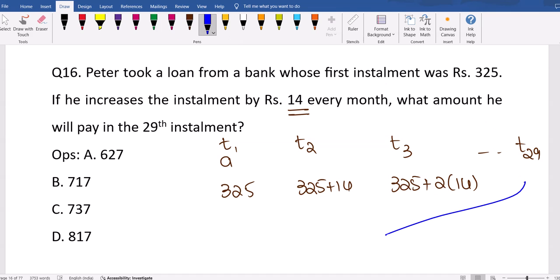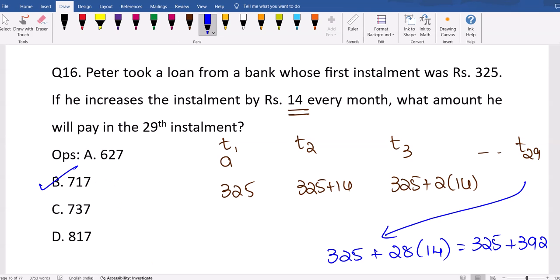So the 29th installment is 325 plus 28 into 14. 20 into 14 is 280. 8 into 14 is 112. 280 and 112 is 392. 325 plus 392 is 717.